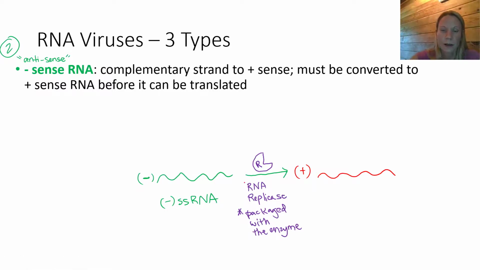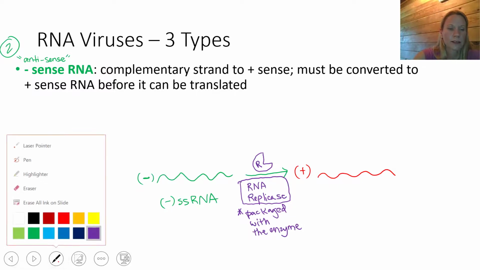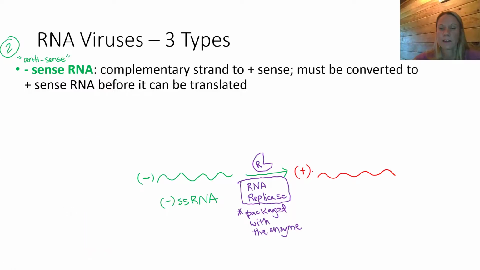So we rely on this RNA replicase, a very important viral enzyme that copies RNA into RNA. So it'll go antisense RNA into positive-sense RNA, which is basically viral mRNA. And then that will allow for translation to occur.